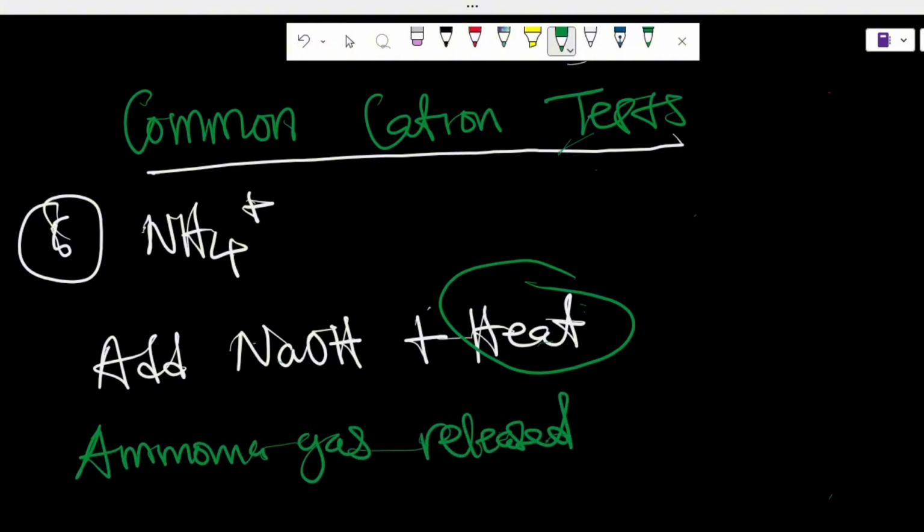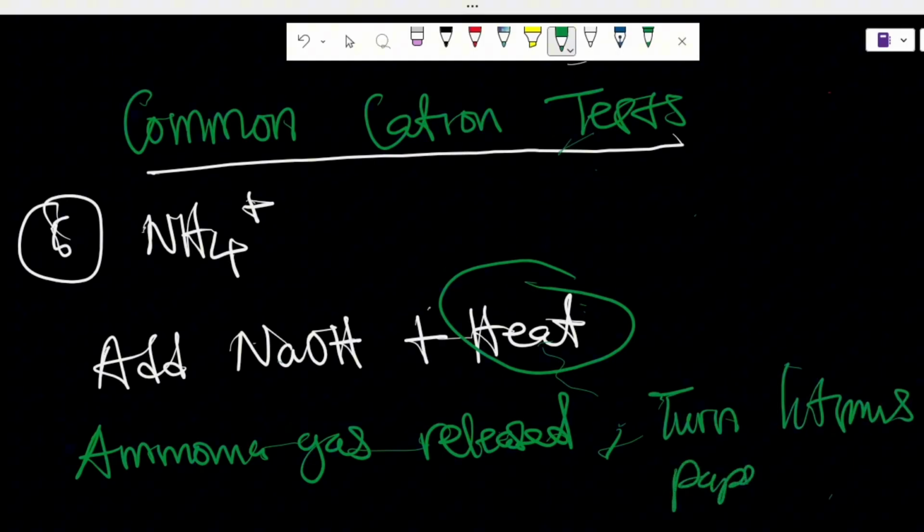So it's going to be released, and when it is released, because it is basic in nature, it is going to turn litmus paper blue.